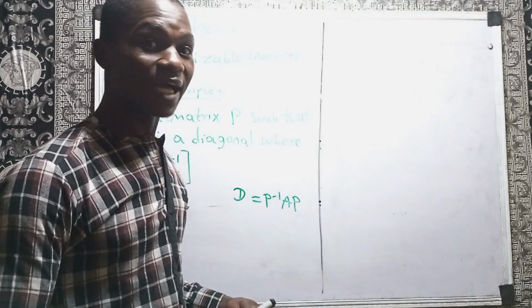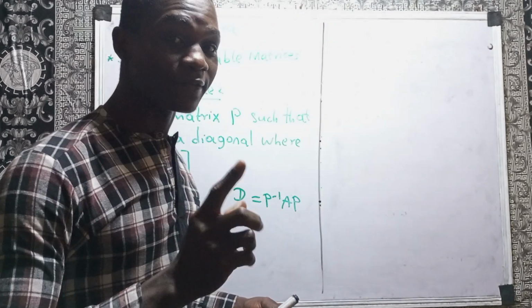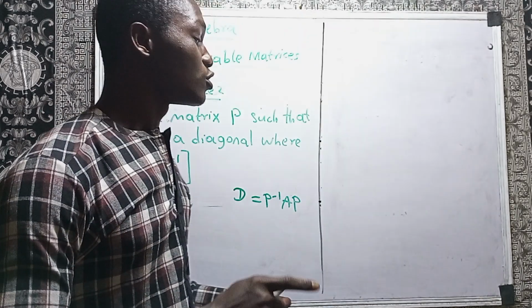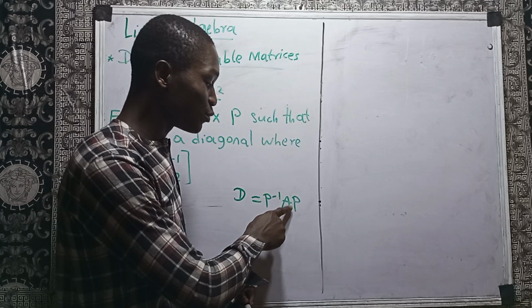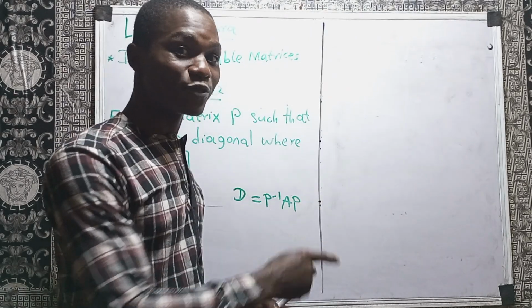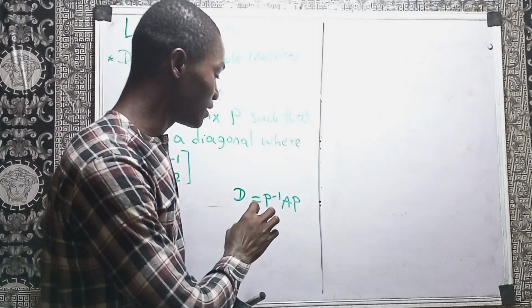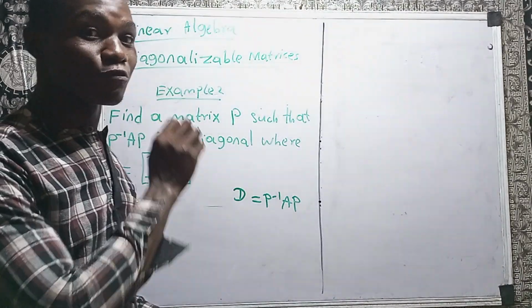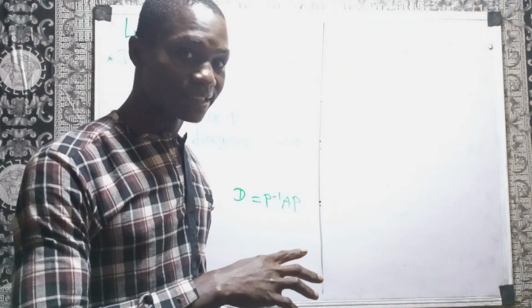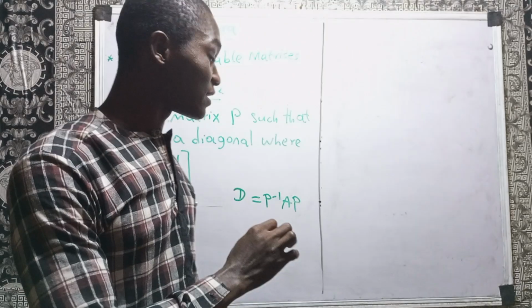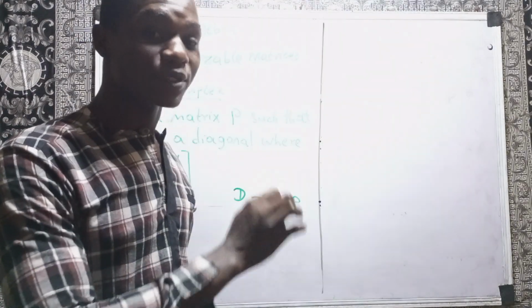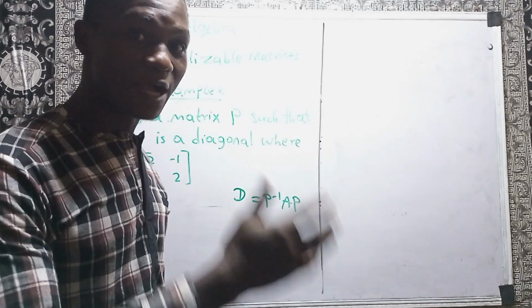So if you can find an invertible square matrix P such that P inverse multiplied by A multiplied by P will give you a diagonal matrix D, then this square matrix A will be said to be diagonalizable. So this means that this square matrix is said to be diagonalizable if it is similar to a diagonal matrix D.